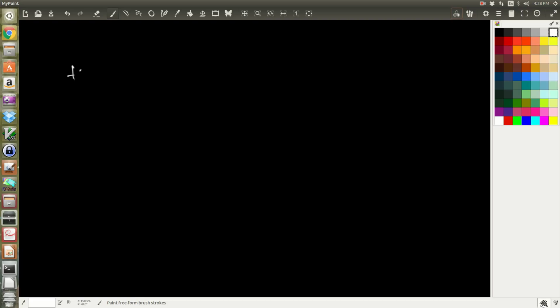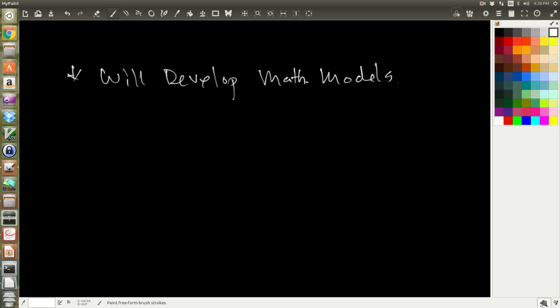So in this class, we will not develop models. That's what we do in other engineering classes. Develop mathematical models. But we're going to learn how to solve them numerically using computers. So we're going to learn how to use a tool to solve them.